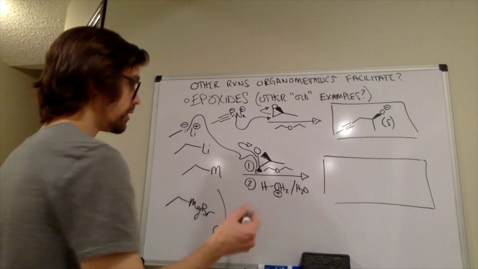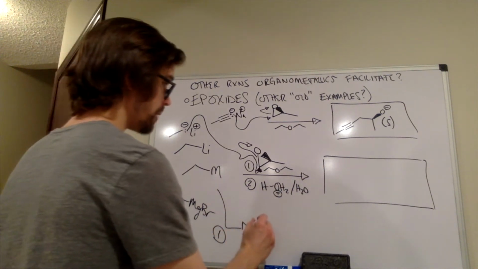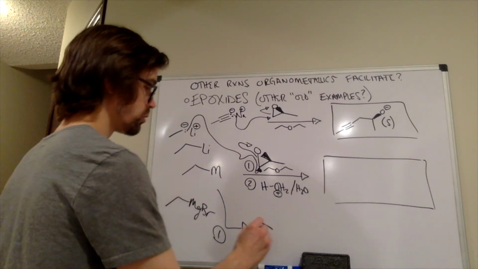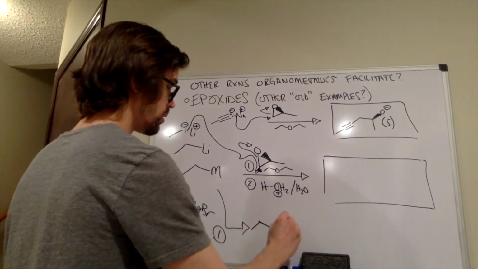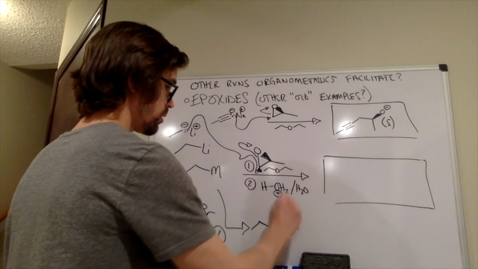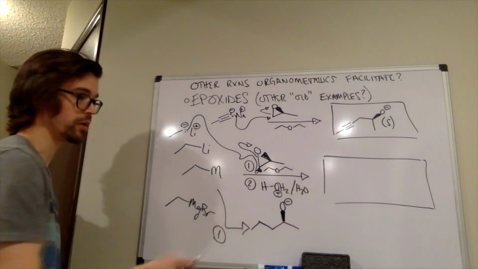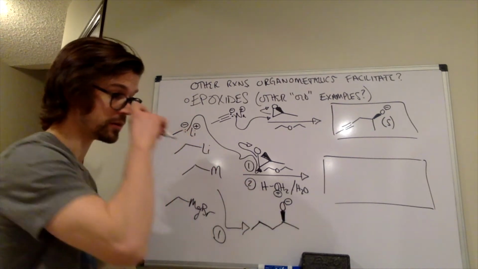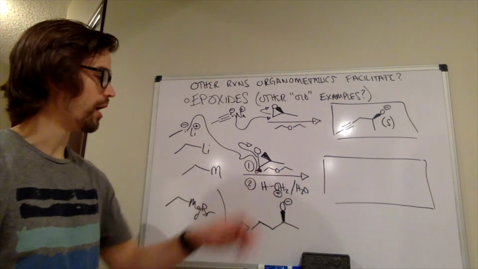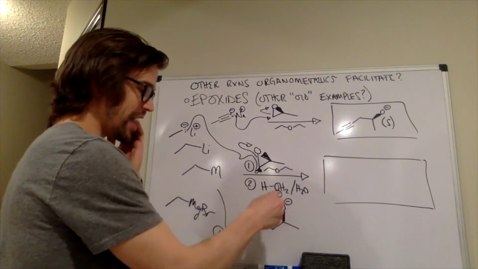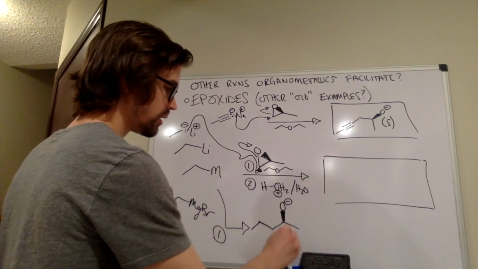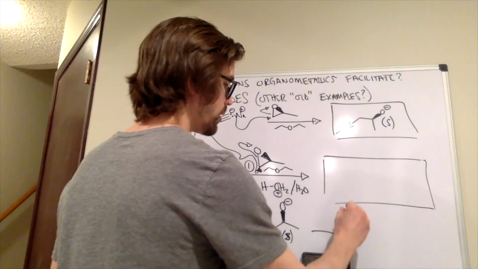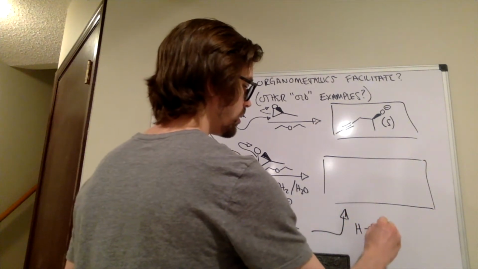The first addition would have made this. We have the 2 carbons from our organometallic and then the 3 carbons of our epoxide. Again, we have the S stereochemistry here. Make sure yours is also S. And then secondly, we are doing an acid-base reaction.